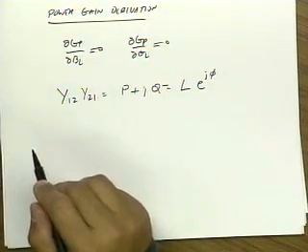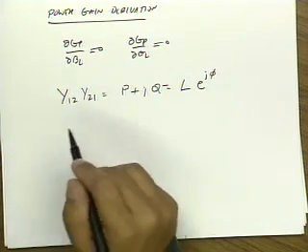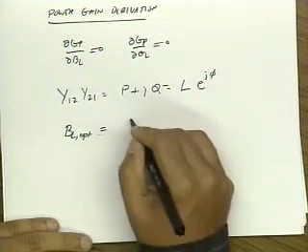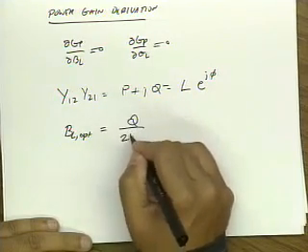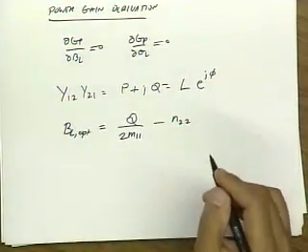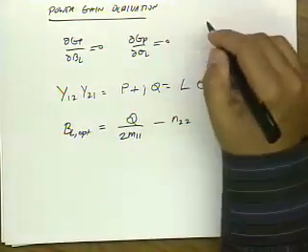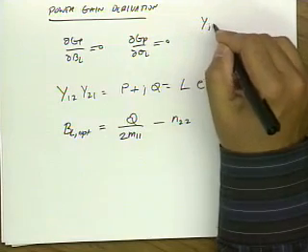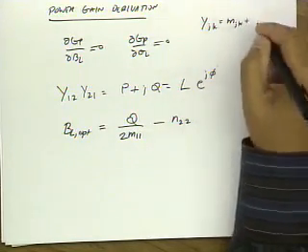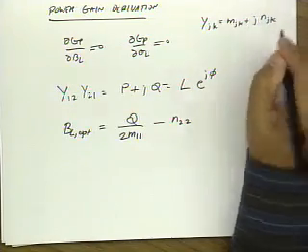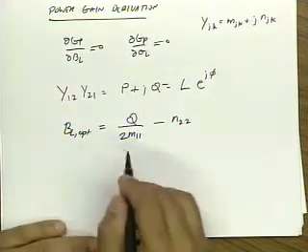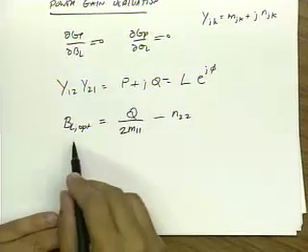If I do that, then B_L,opt turns out to be Q over 2 M11 minus N22. I need to define M11 and M22. So basically I'm defining Y_jk as the real part M_jk plus j N_jk. Okay? So this is the solution for the optimum load.